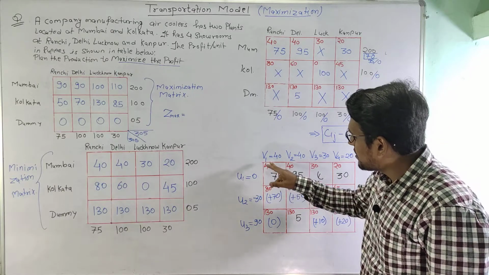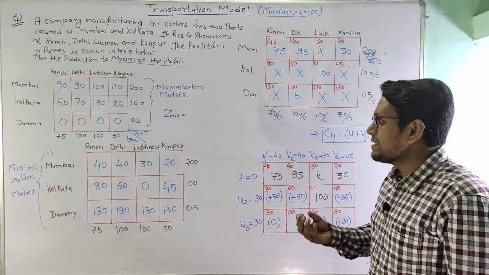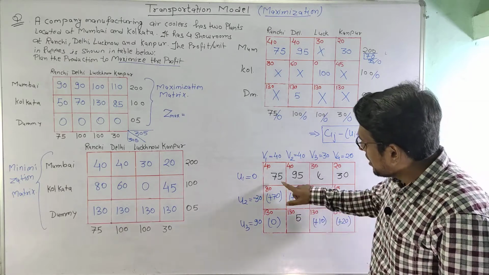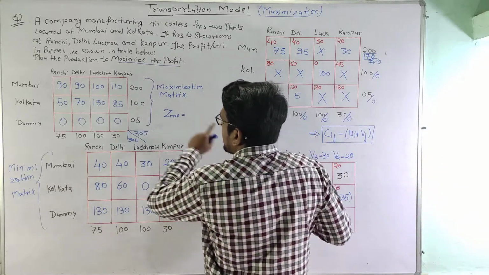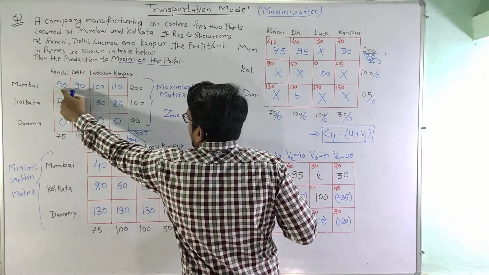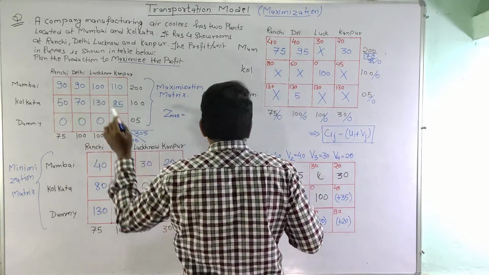If I do 75 into 40, I will get the minimization value. So in order to get the maximum value, I will multiply the number of quantities, that is 75, by the value or profit in the profit matrix. So here is the profit matrix for maximization.